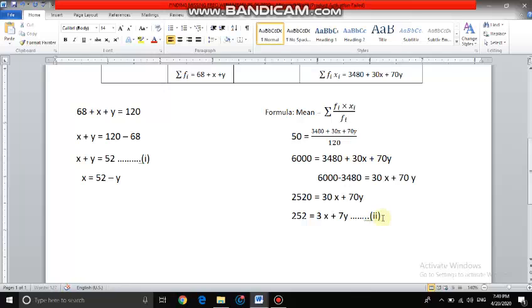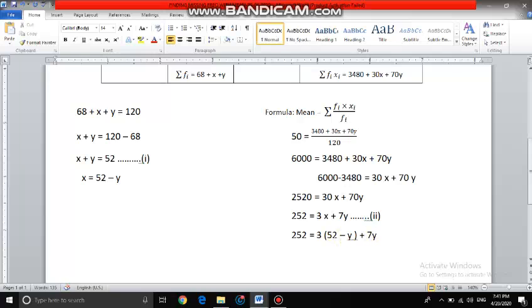This is equation number 2. What I do in this equation is, I'll keep this 252 as is, equals to 3 in place of x. I have the x value as 52 minus y. So in place of x here, I'll put 52 minus y, and then I'll get plus 7y.